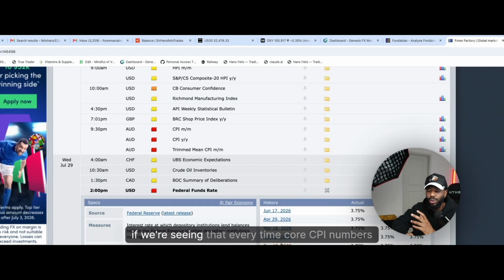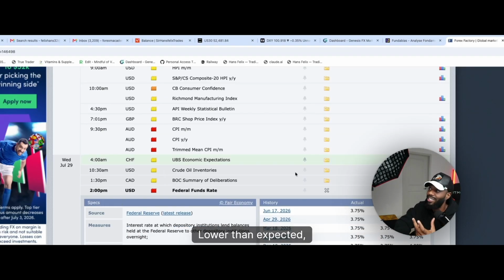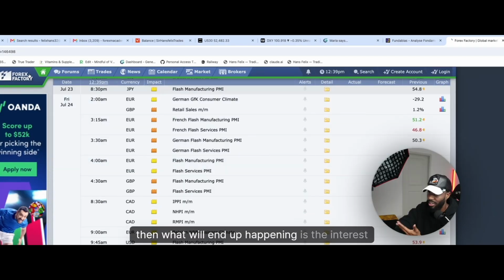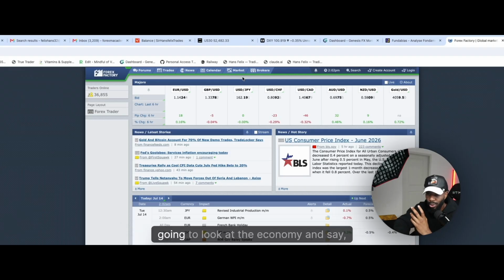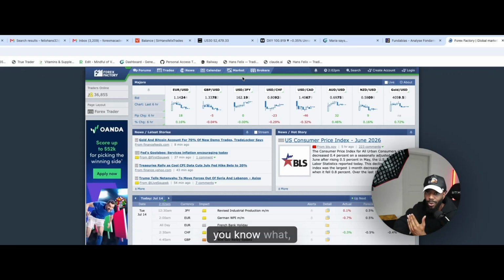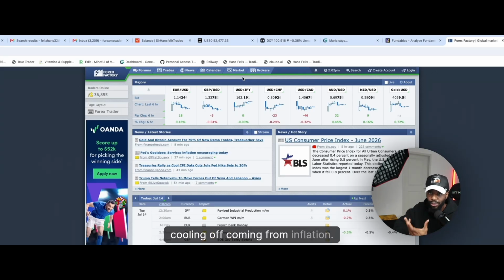If we're seeing that every time core CPI numbers come out and the numbers are negative, lower than expected, then what will end up happening is the interest rates are either going to stay the same or they're going to look at the economy and say, you know what, it is probably time to decrease interest rates because the economy is cooling off coming from inflation.